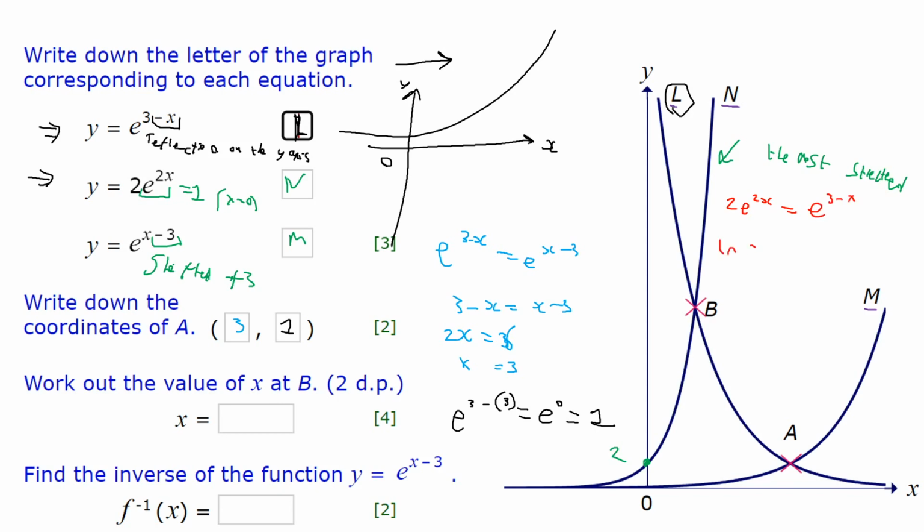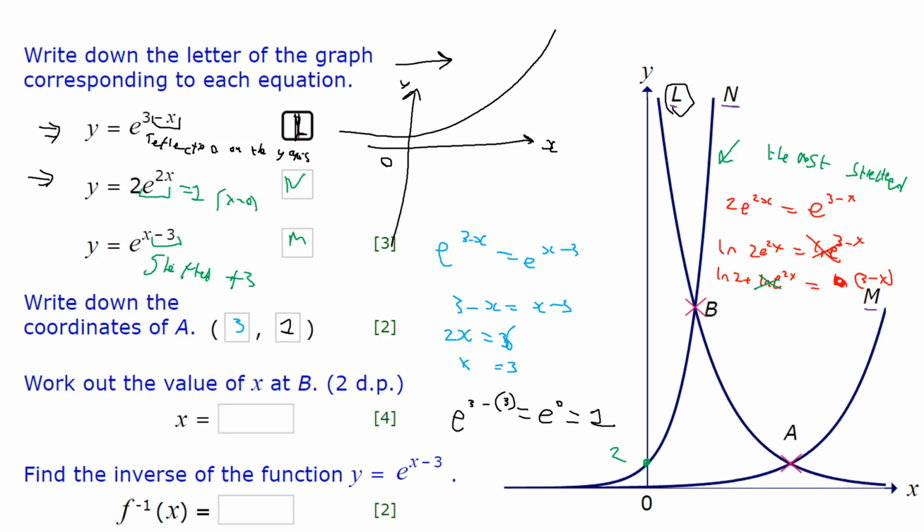So ln of 2e to the 2x is equal to ln of e to the 3 minus x. And so therefore ln 2 plus ln e to the 2x is equal to 3 minus x. Why do I say it's equal to 3 minus x? Because the ln and the e will cancel out. Same with this example, the ln and the e will cancel out.